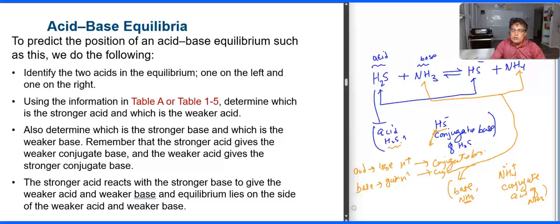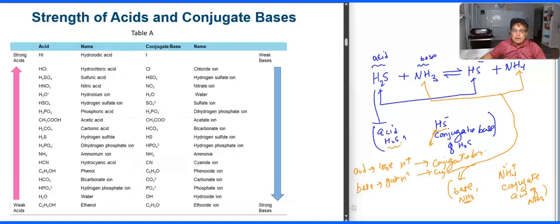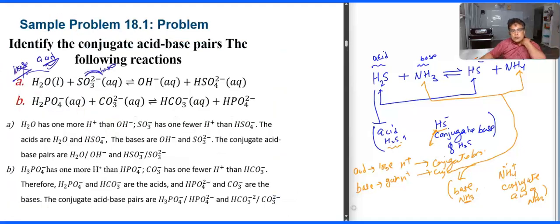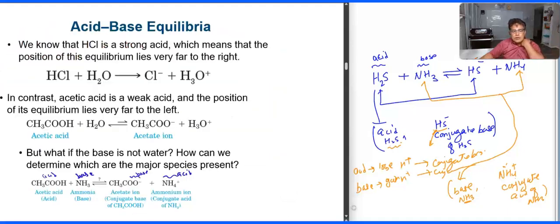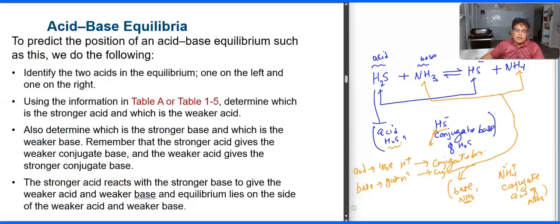Using the information in table 1.5, determine which is the stronger acid and which is the weaker acid. We have to go to the table to see which is stronger and which is weaker. For example, this is weak, NH3 is also weak, this is weak, this is weak.